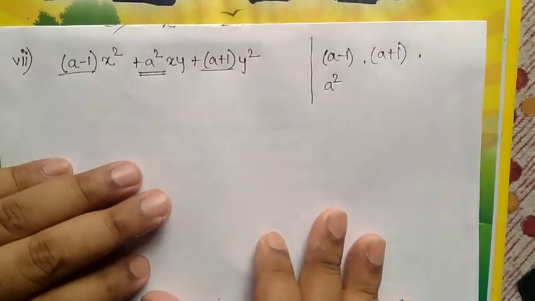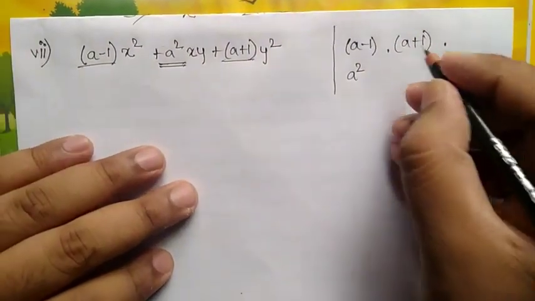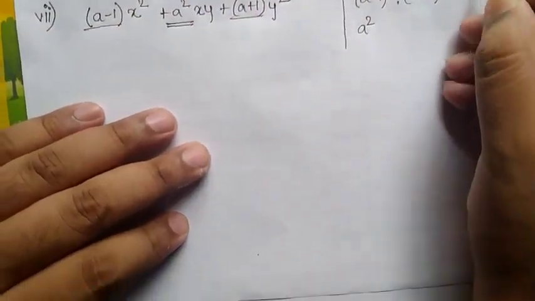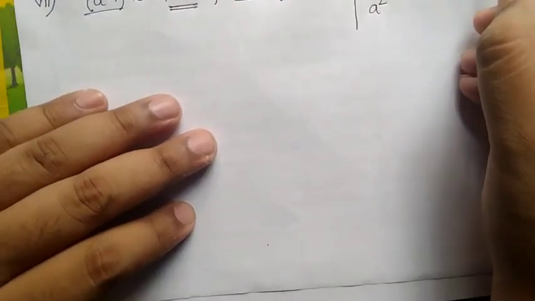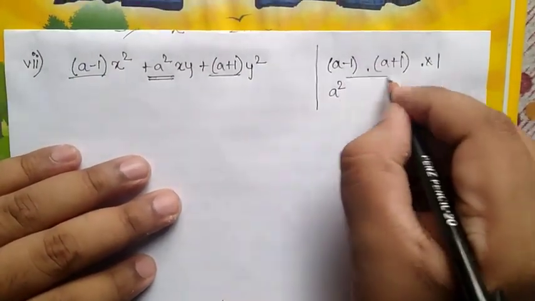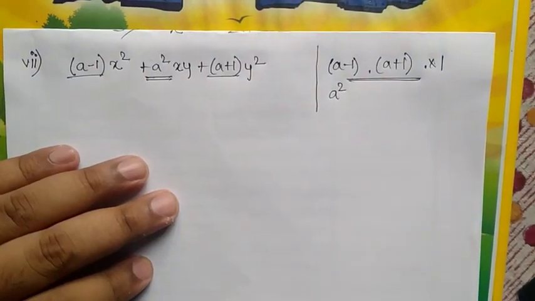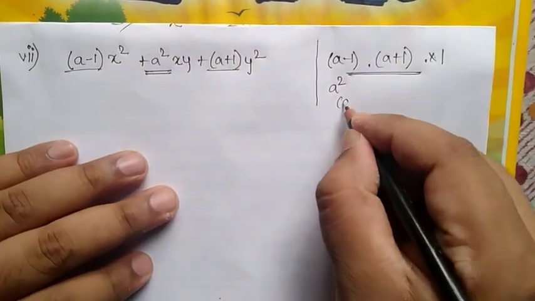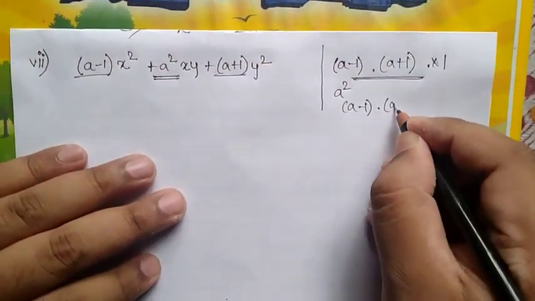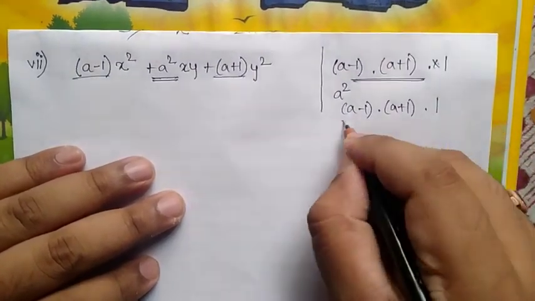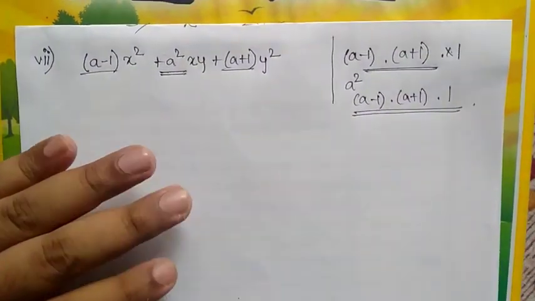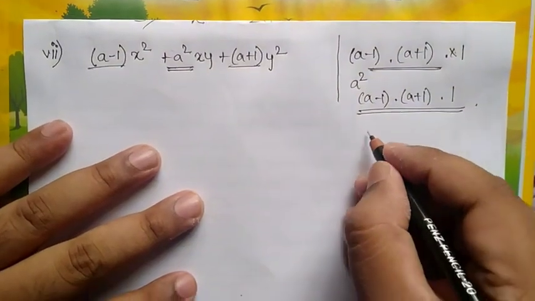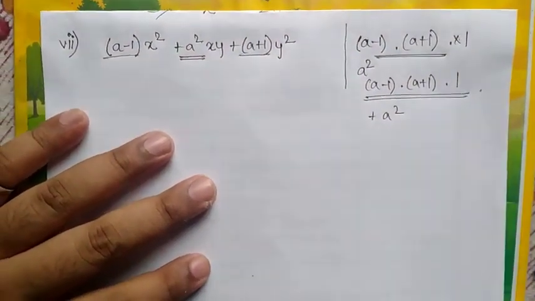How? First of all, anything into 1 equals the same answer, so therefore a minus 1, a plus 1 and 1, these are the three factors. Now plus a square, we have to break it.